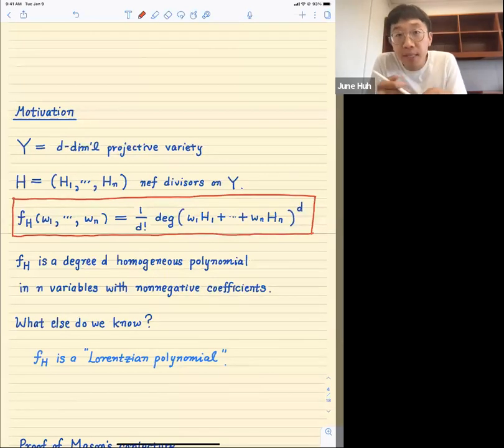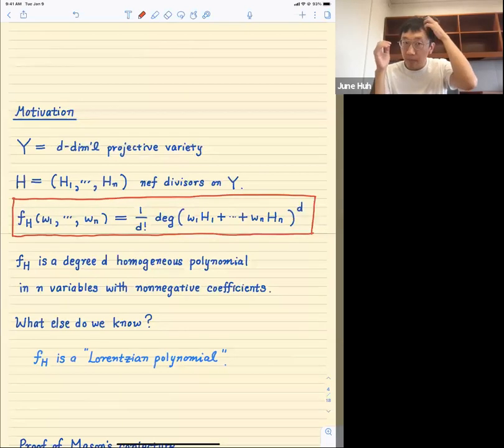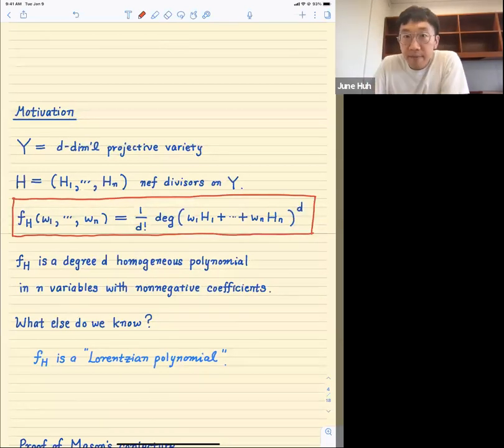And the motivating question is, in general, for any Y and any H, what else do you know about this class of polynomials that can arise as FH? Other than this non-negative coefficient property, I only know one other fact about this FH.